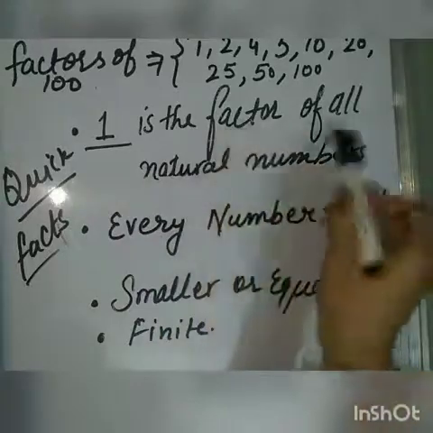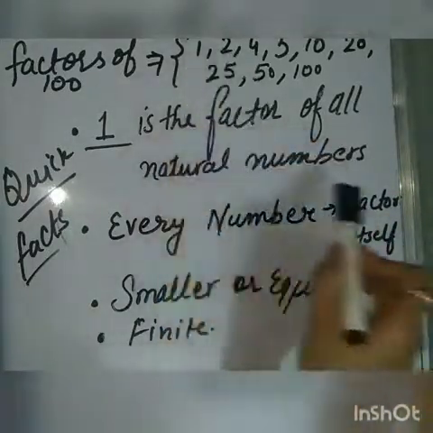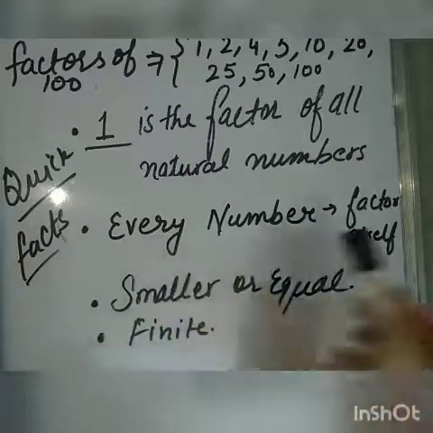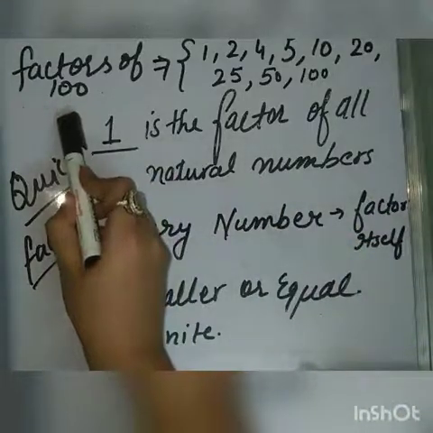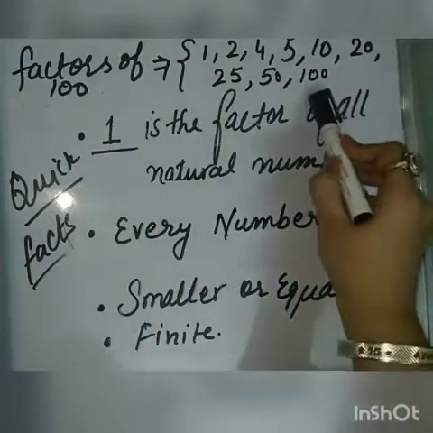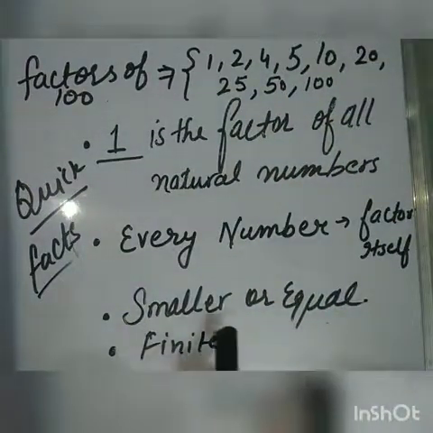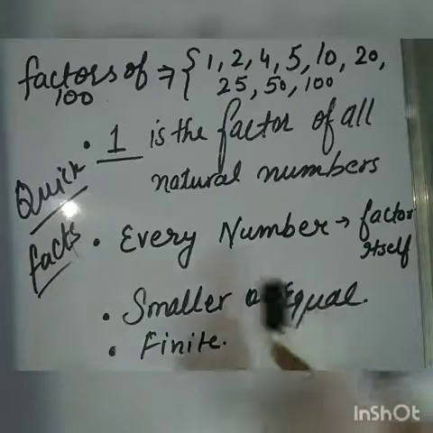Based on these factors, let us understand some quick facts of factors. 1 is a factor of all natural numbers. Every number is a factor of itself. Here 100 has the factor 100 itself. The factor of a number is always smaller than or equal to the number.